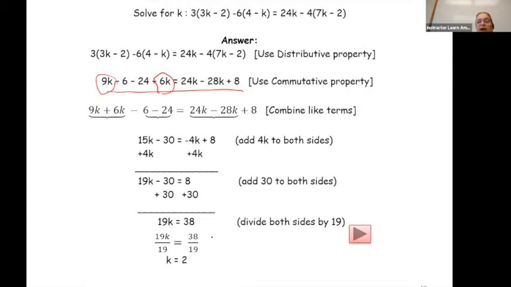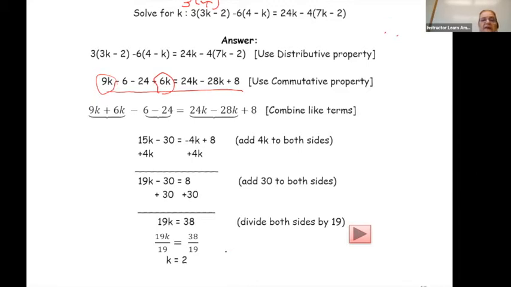Now, if you want to check, you go back and put this into the original equation. So we wind up with 3 times, k is 2, so this is 6 minus 2, which is 4. I can't do it up there, it causes too much problem.